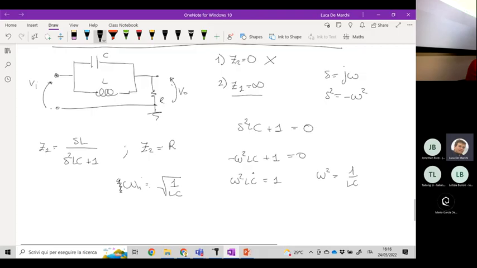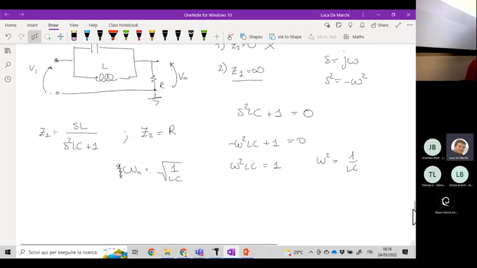No matter what input we apply, the pole positioning is unaffected, because it depends on the pure components of the circuit without taking into account the effect of the input.